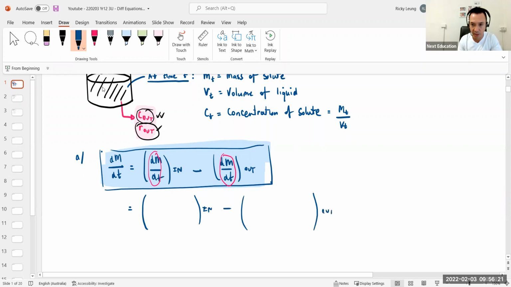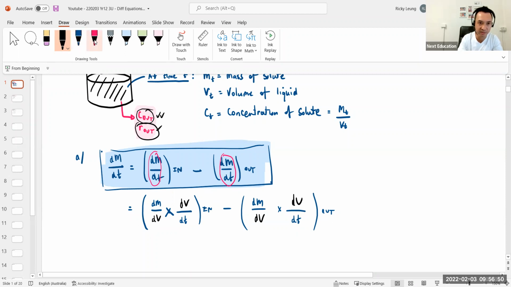But what's important is that by splitting this into dM/dt, let's create 2 of them. I'm going to introduce dV and dV there. We're going to do it to both sides before I give away the punchline. I can do that mathematically, because the dV's cancel out.